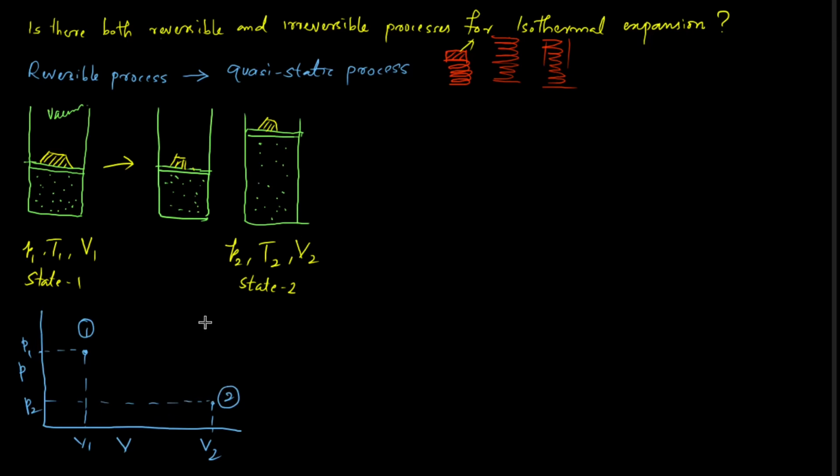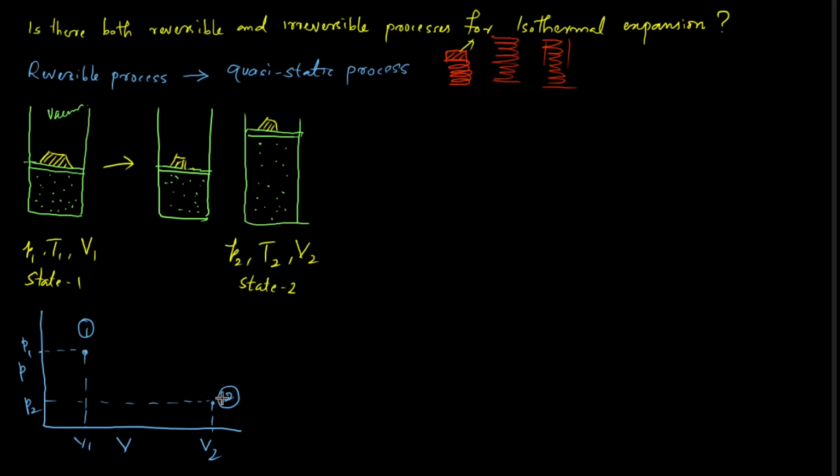So now the question is, what happens in between? We have state 1 which is in equilibrium and state 2 which is also in equilibrium. But in between, our system was in a very random state. It was not in an equilibrium state. So is there any way to know the path of this process?